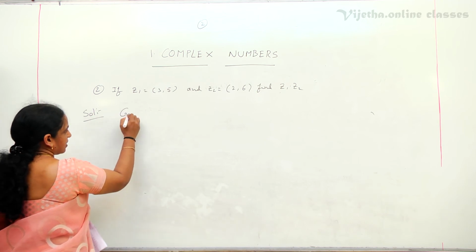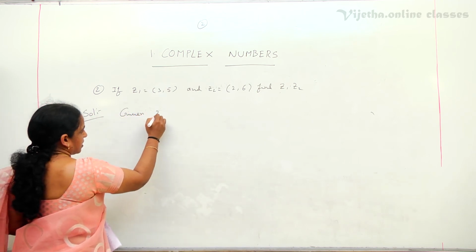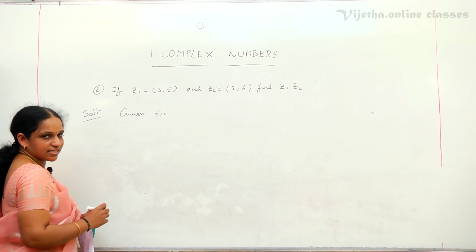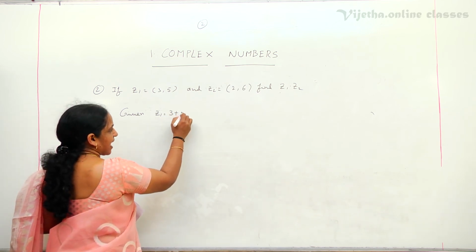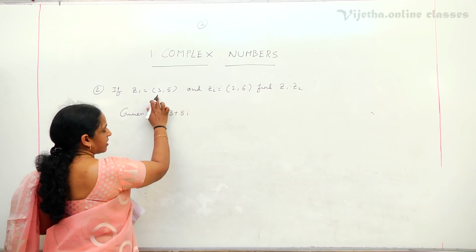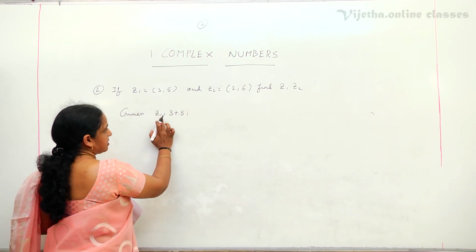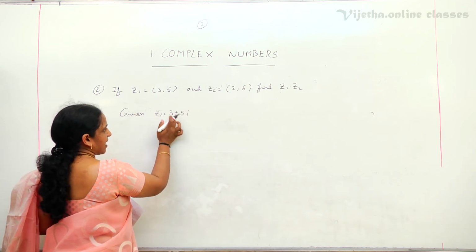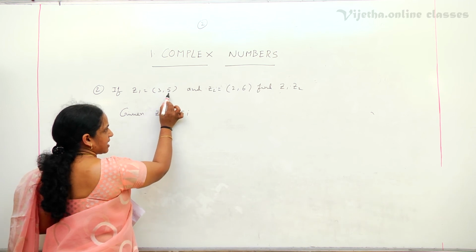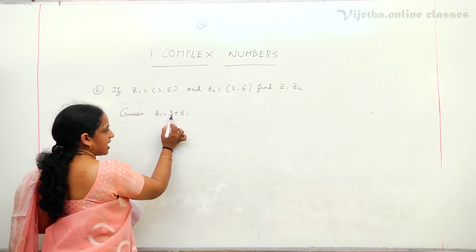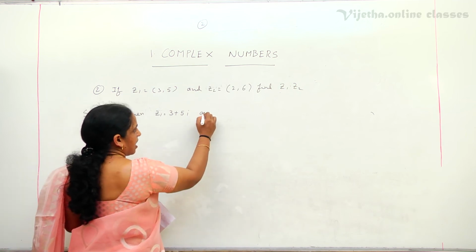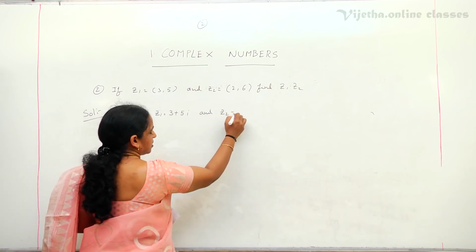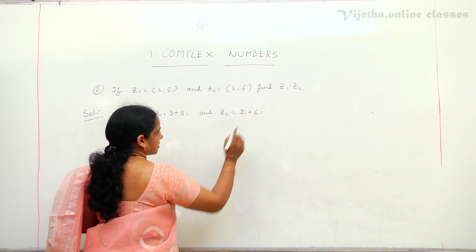Here given Z1, what is the value of Z1? Z1 equals 3 plus 5i. This is the ordered pair 3 comma 5, that means the complex number is 3 plus 5i, real part and imaginary part. Here real part equals 3, imaginary part equals 5. So 3 plus 5i. And Z2 equals 2 plus 6i.